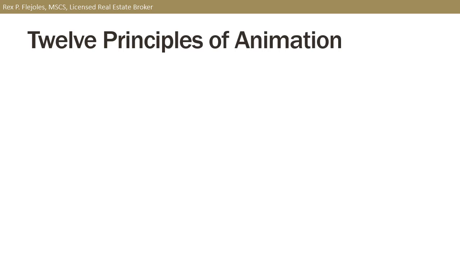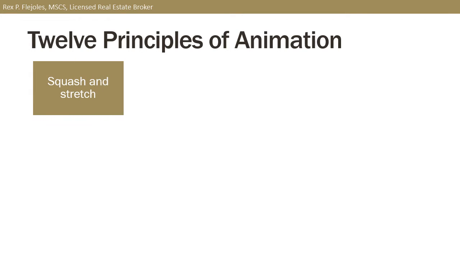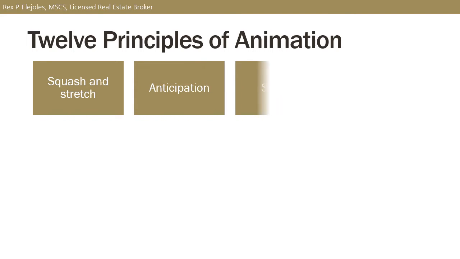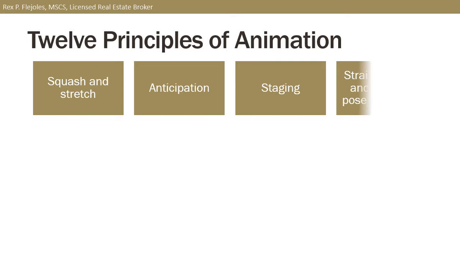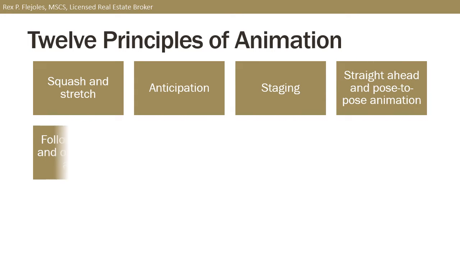Moving on to the principles of animation. The following are common 12 principles identified by different authors. First, squash and stretch. Second, anticipation. Third, staging. Fourth, straight-ahead and pose-to-pose animation.